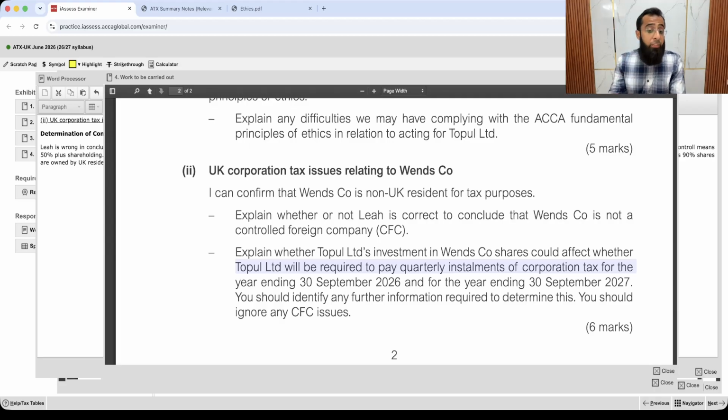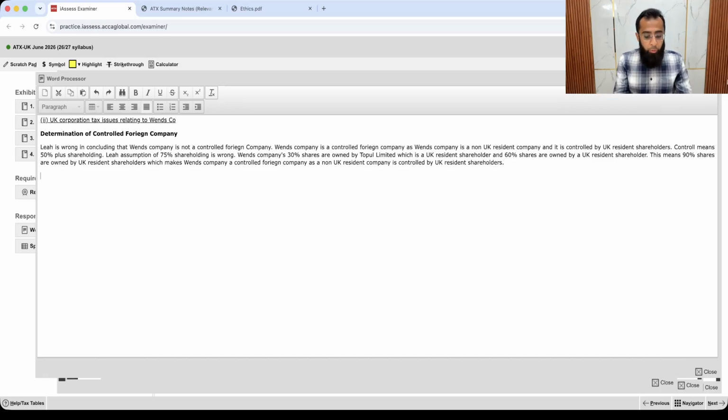You should identify any further information required to determine this. You should ignore any CFC rules. So, if you remember, Topul Limited will receive dividends from Vents company. See, it was written in the scenario.